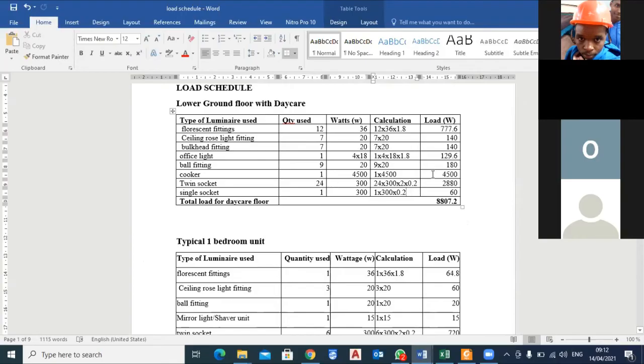Now our load schedule, 3840. See, hata hizi that circuit it can carry hizi socket zote hata zikiwa hivi, because for the socket you have 2880 plus 60, which is 2940. But the reason why we normally do 10 twin is because we feel that with the 10 twin will mean 10 times 600, which is 6,000.